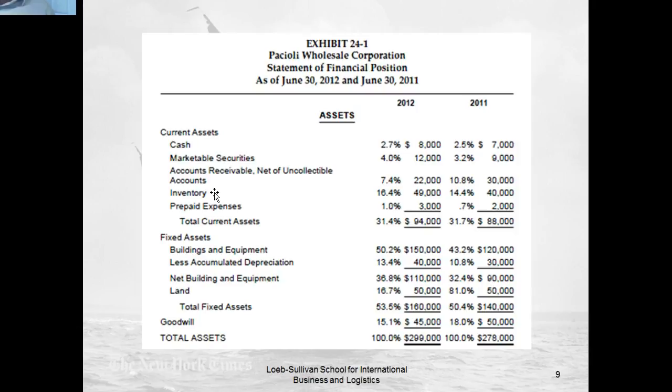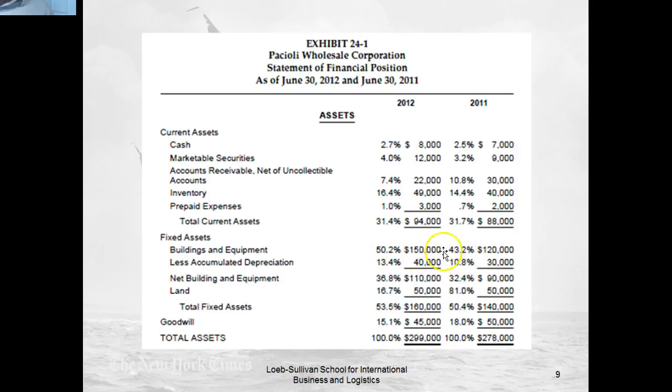What's happening here? If our sales are up 20% and our inventory is up 20%, well, we're managing our inventory about the same. If our sales are flat and our inventory is up 20%, what's going on? Why do we have so much inventory? And so forth. So you can go through each and every one of these accounts and compare.